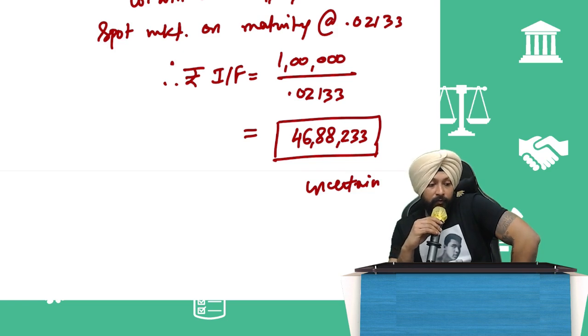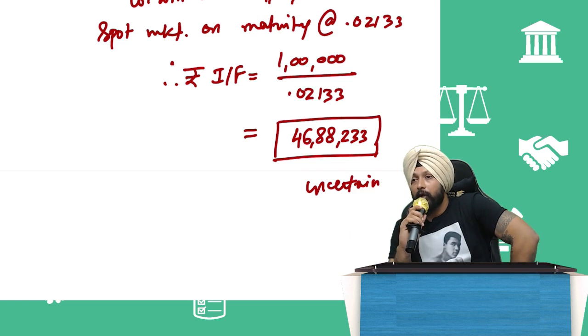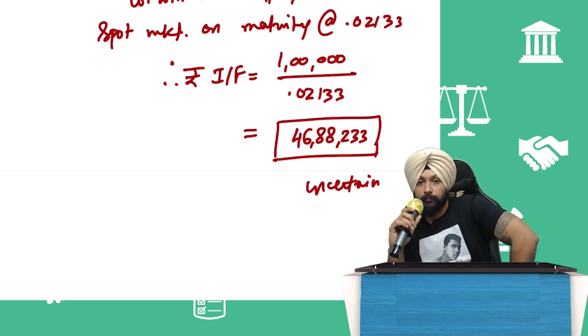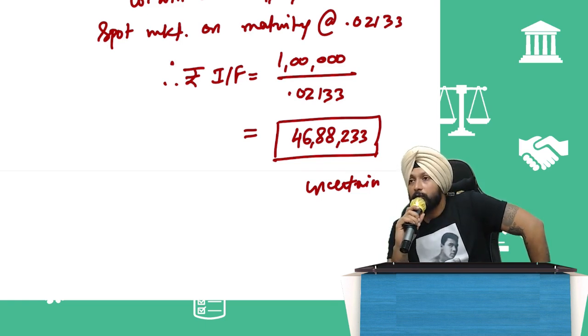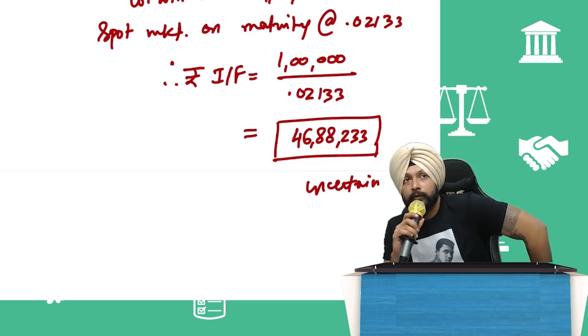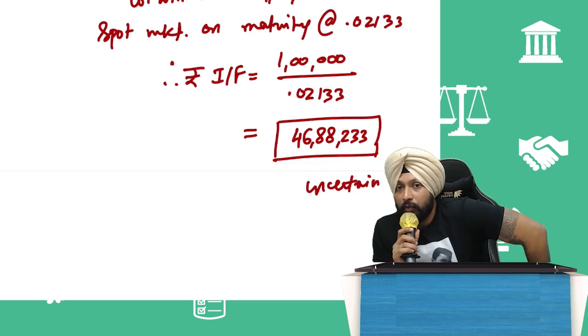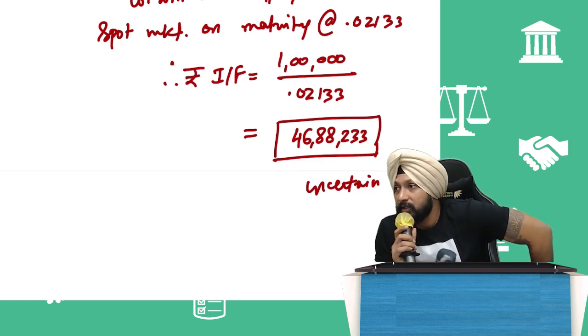Please write: since rupee inflow on maturity is highest under alternative 2, we recommend hedging through currency futures.